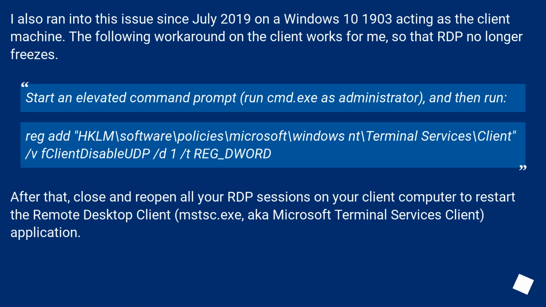I also ran into this issue since July 2019 on a Windows 10 1903 acting as the client machine. The following workaround on the client works for me, so that RDP no longer freezes.